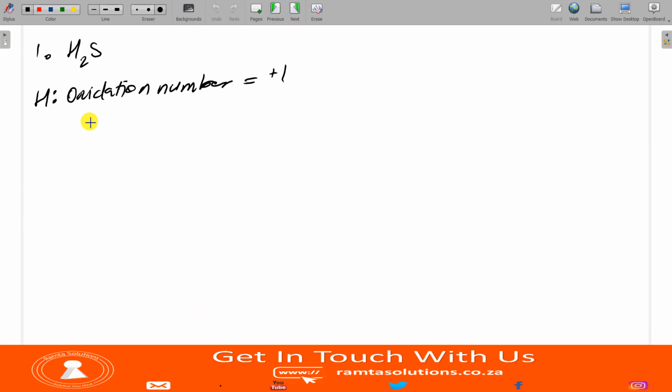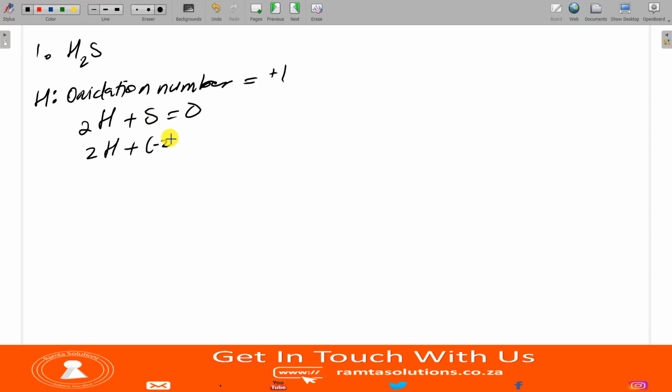I know it's tempting to try this: 2H plus S equals 0, as the charge here is 0. What is the oxidation number of S?